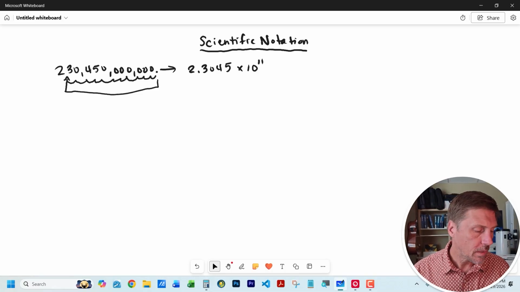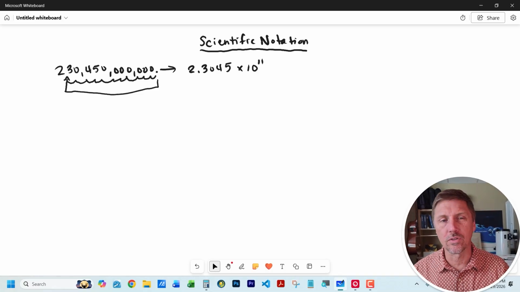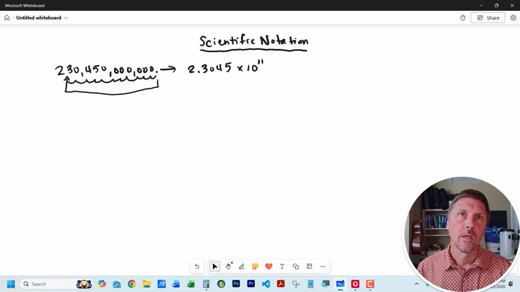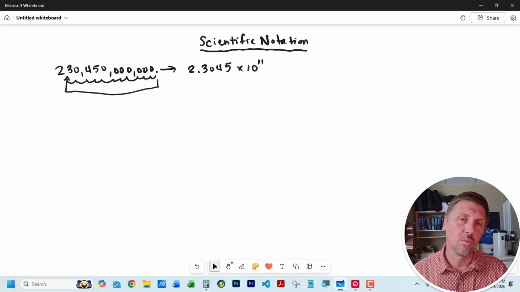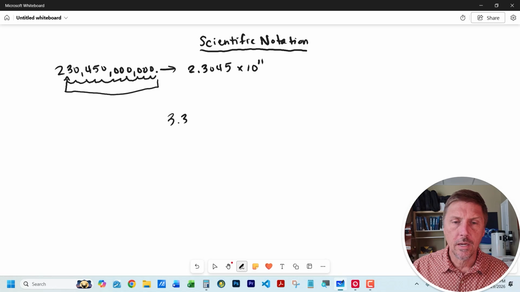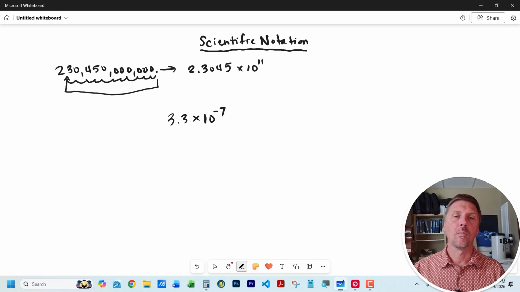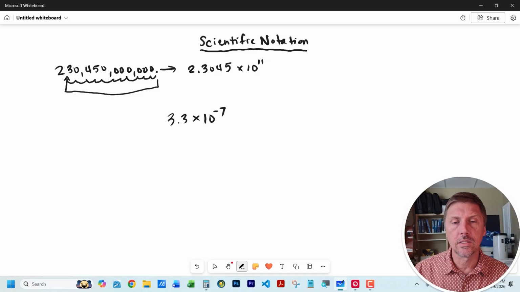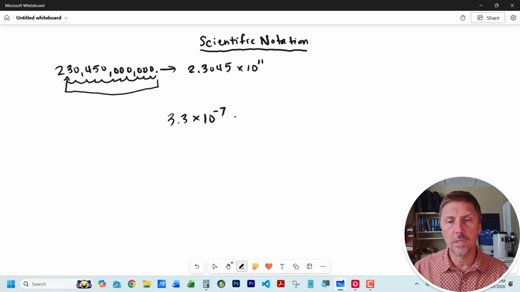All right. Now, what about numbers that are smaller than 1? If you have numbers that are smaller than 1 that you want to represent in scientific notation, then you're going to have a negative exponent on the 10. So for example, if I had 3.3 times 10 to the negative 7, what that would be in decimal notation would be 0.00000033.